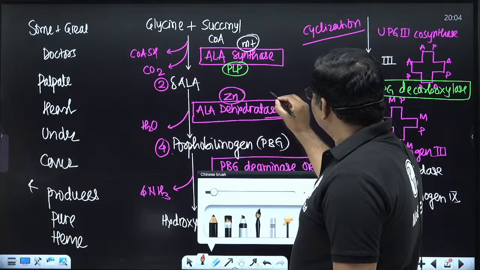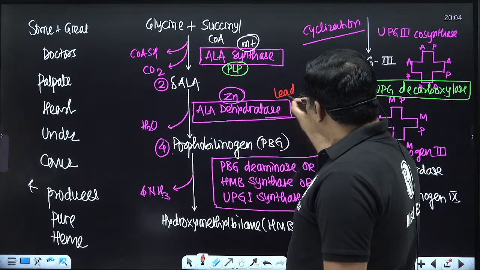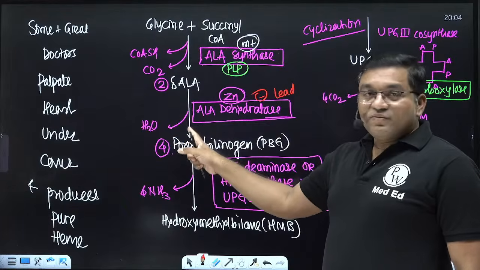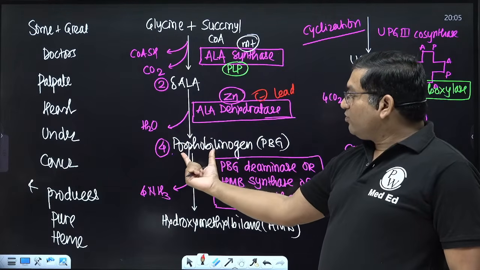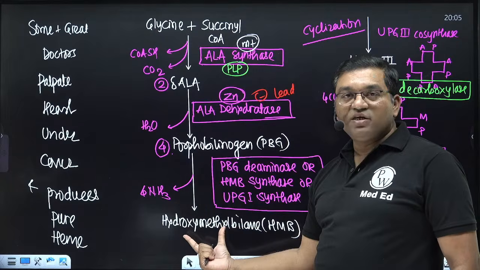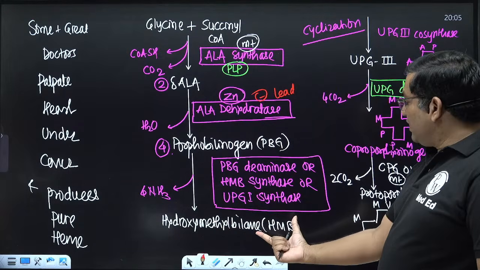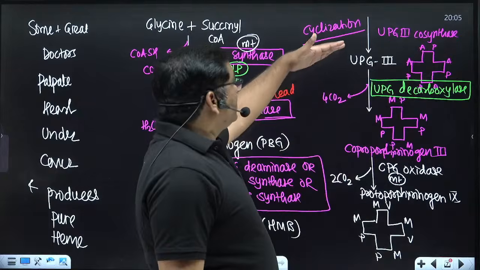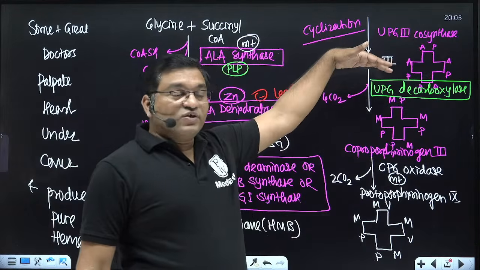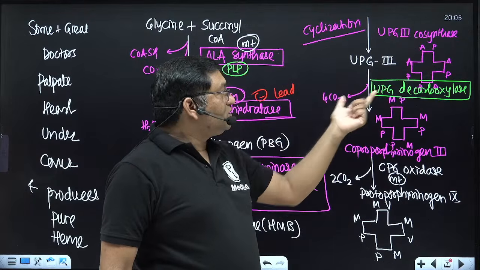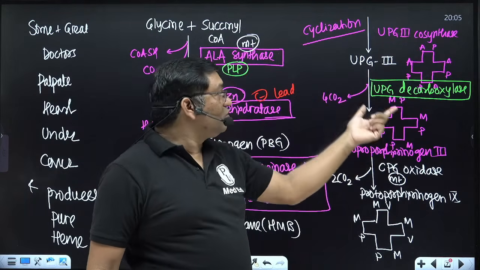So lead inhibits this ALA dehydratase activity. Now 2 molecules of delta amino levulinic acid form porphobilinogen. 4 molecules of porphobilinogen, on deamination, form hydroxymethylbilane. Hydroxymethylbilane is converted into uroporphyrinogen 3 on cyclization. By decarboxylation, the acetyl groups are converted into methyl groups.